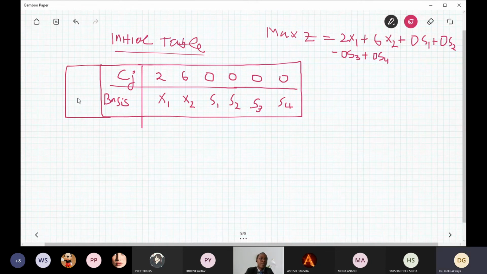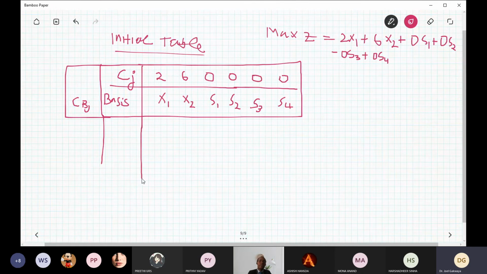This is the CBJ. The CBJ is the coefficient of a basic variable. At initial, the coefficient of basic variable is 0. Okay? Now, what are the basis variables?